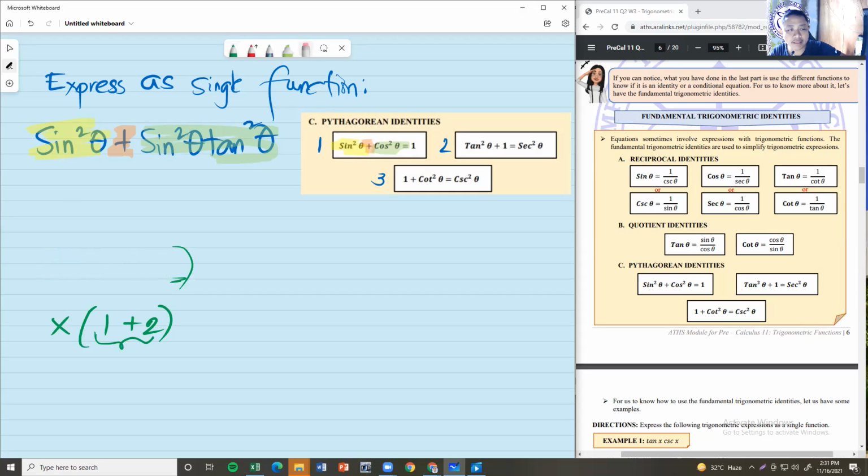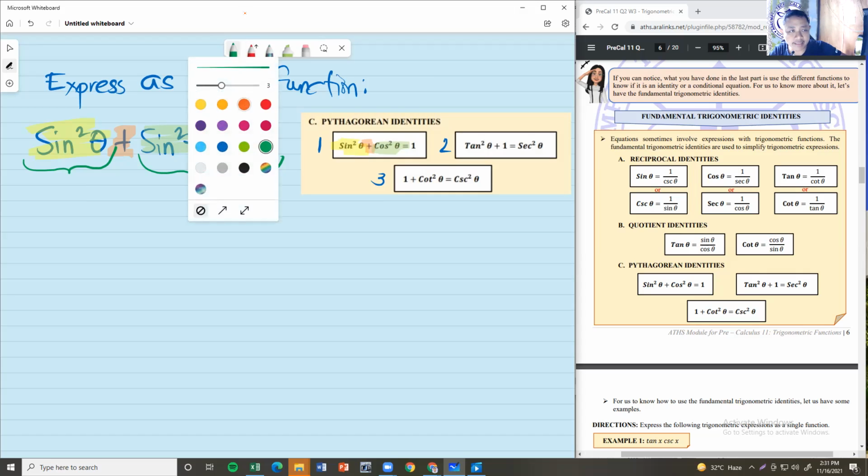Similarly, in this expression, pwede natin, kasi tinry na natin kaninang subukan na mag-cancel dun sa second part, hindi pwede. Pero as you have seen, this is the first term. This is the second term. So therefore, we can see that sine squared theta is common between the two terms.